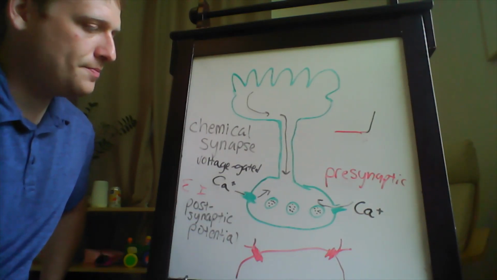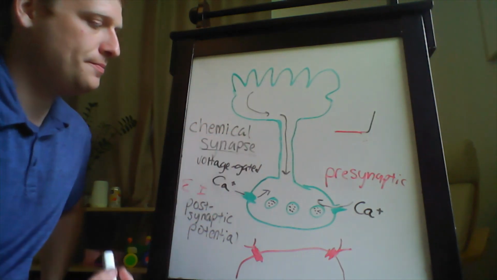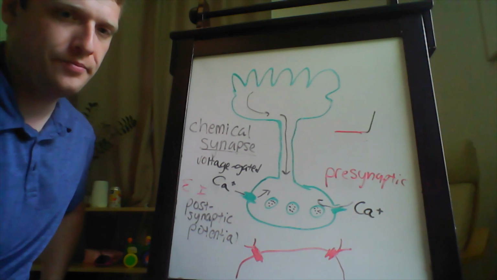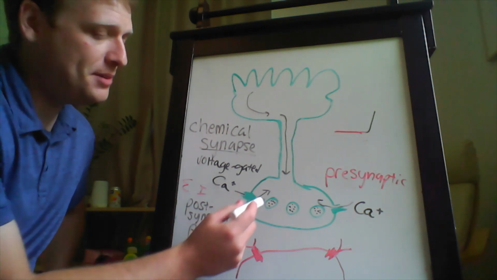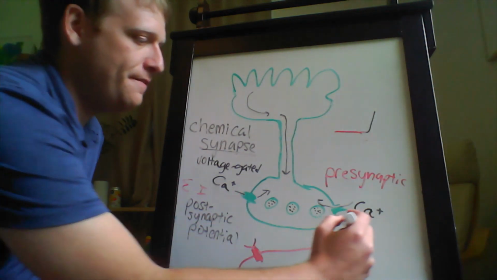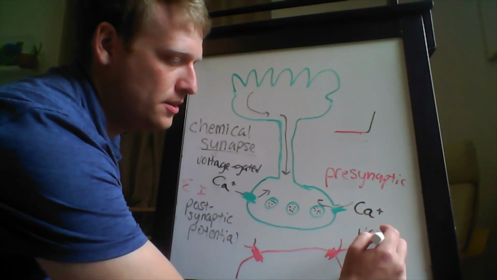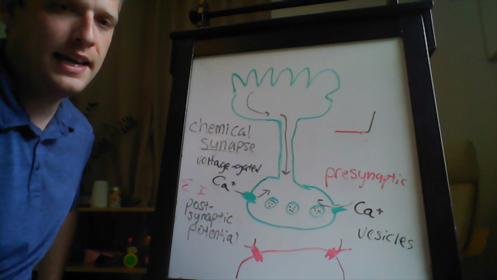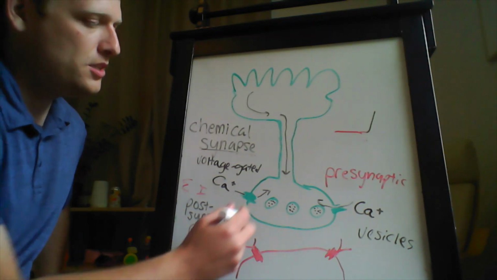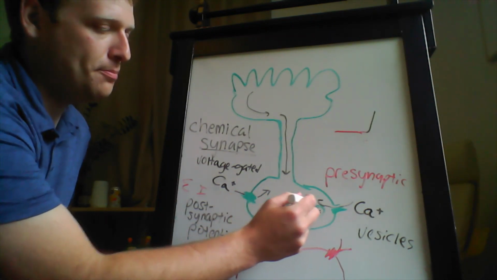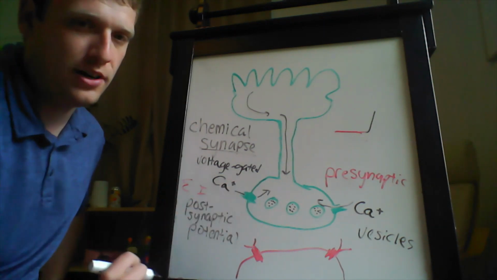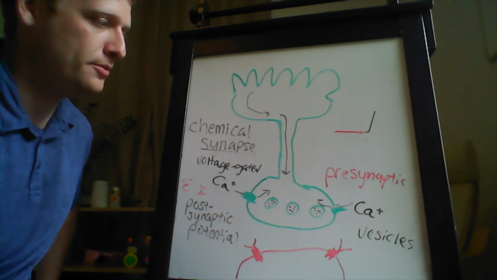Another thing is, this chemical synapse is dependent on neurotransmitter release. And the synaptic terminal has vesicles called synaptic vesicles that contain neurotransmitter. So I've drawn these vesicles, these little membrane-bound compartments that store neurotransmitter in the synaptic terminal.